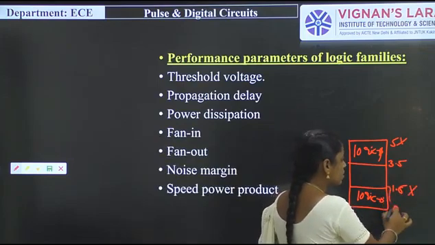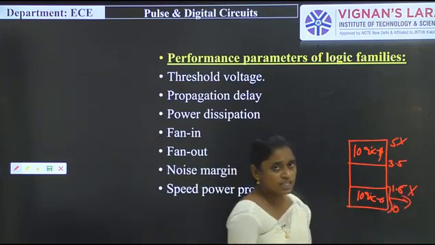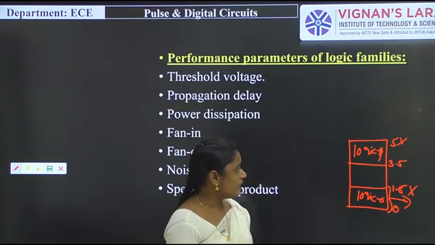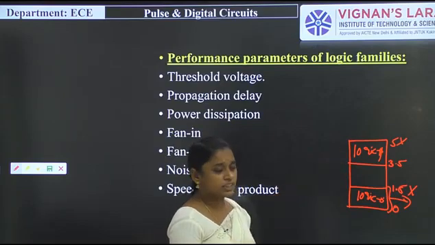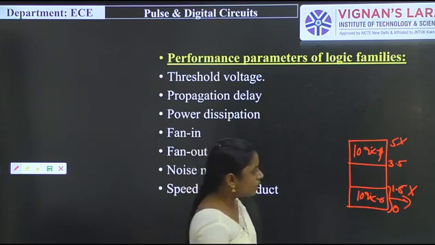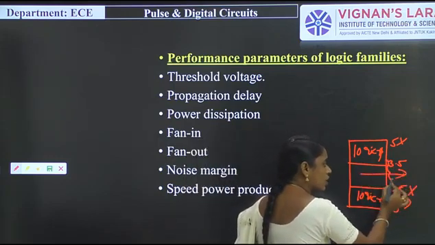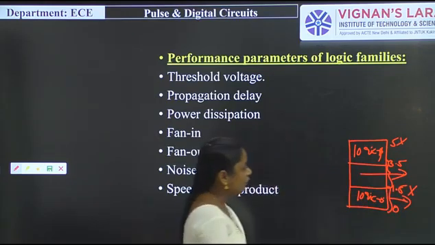In between these two voltages, the signal is not represented as logic 0, and the next range is 3.5 volts to 5 volts. So that can be represented as logic 1. In between 1.5 volts and 3.5 volts, this voltage level is known as the undefined state.